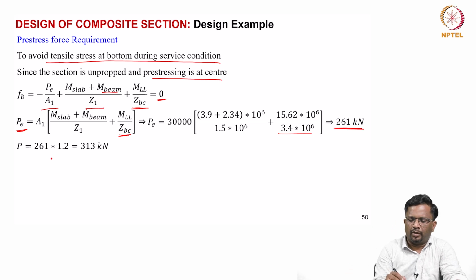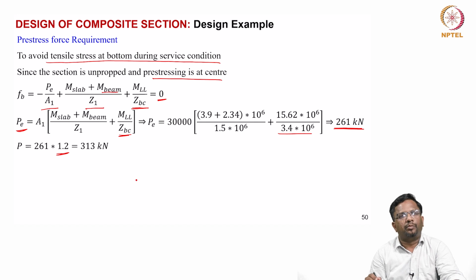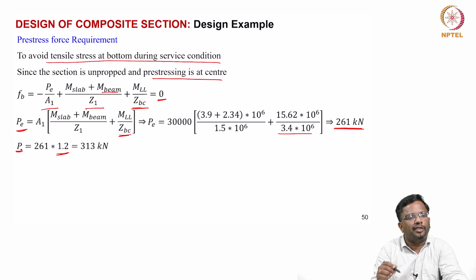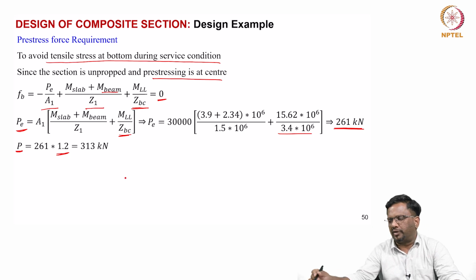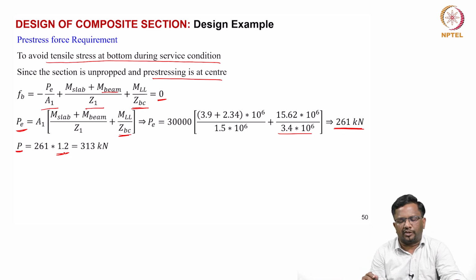Now 261, I just increase it by 20% because I am calculating the initial pre-stress. Because of losses, just to be on the conservative side, typically it is 15%, but I am slightly overestimating by multiplying by 1.2. So I get initial pre-stressing force as 313 kilonewton.